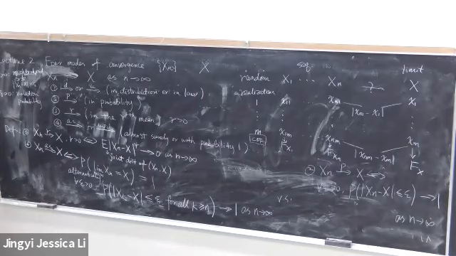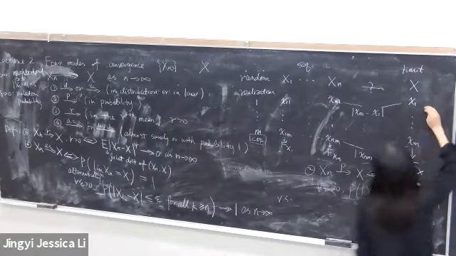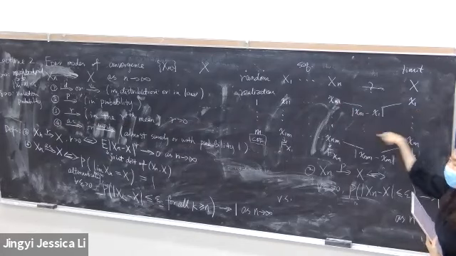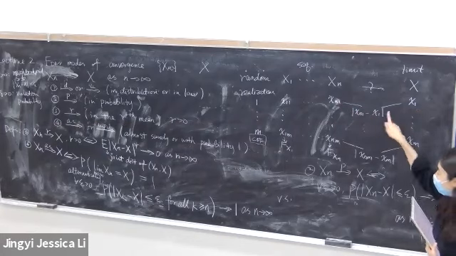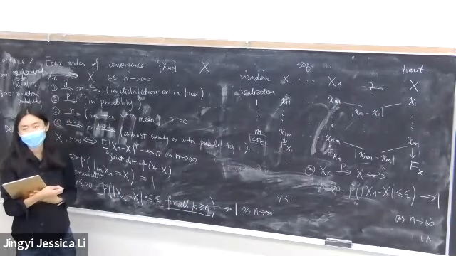The only difference is the event in the probability. For the weaker one, convergence in probability, we only examine whether xn is in the epsilon neighborhood of x. For almost sure convergence, we examine all the random variables, including and after n, not just n itself but also everything afterwards. This explains the intuition. For almost sure convergence, we need convergence in every realization, and this is implied by the condition for all k after n.